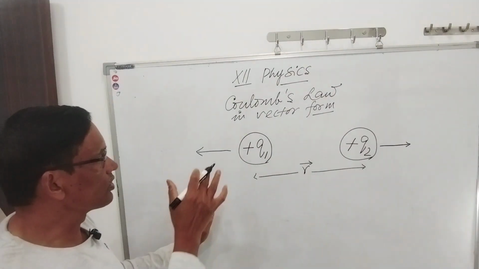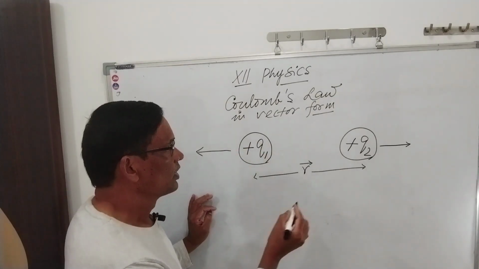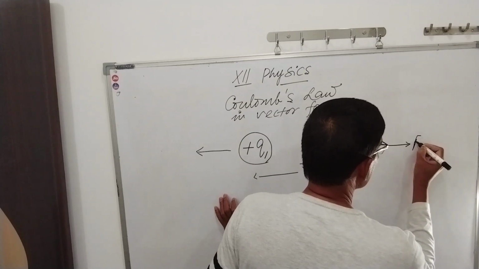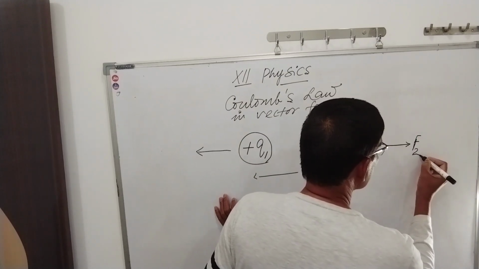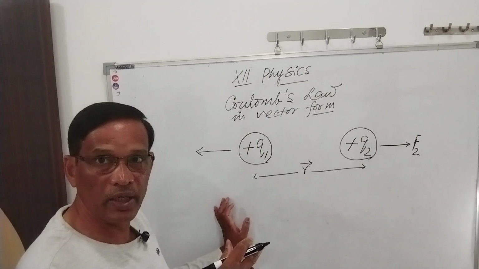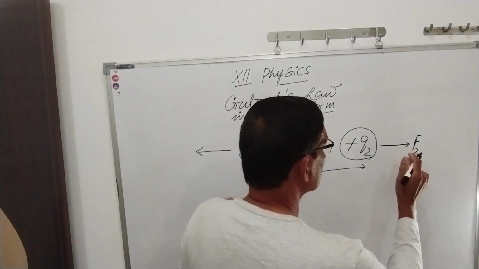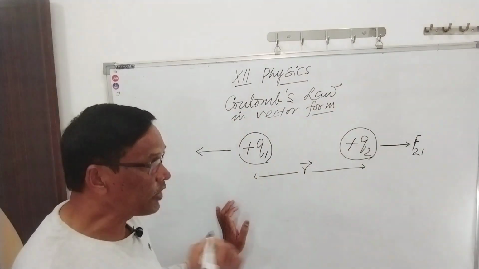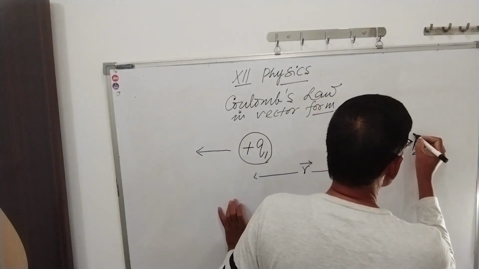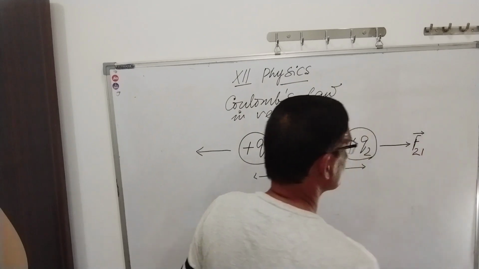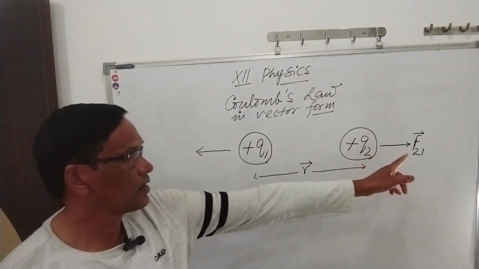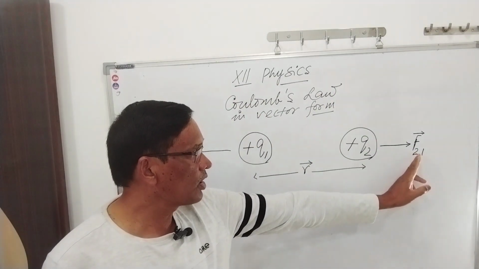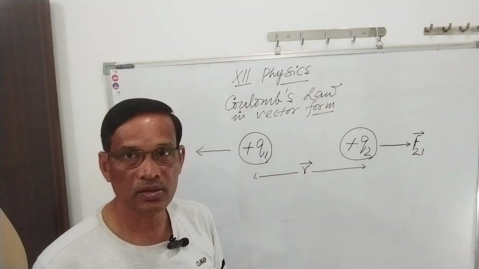When you apply Coulomb's law in vector form, q2 will be exerted with a force. Force on charge 2 due to 1 in the vector form, I am writing F21. Read along with me: force on 2 due to 1.